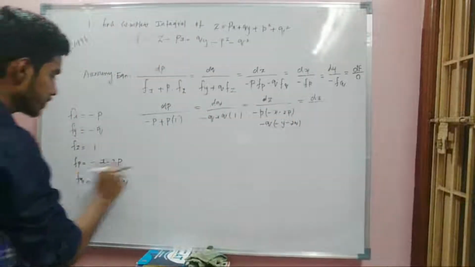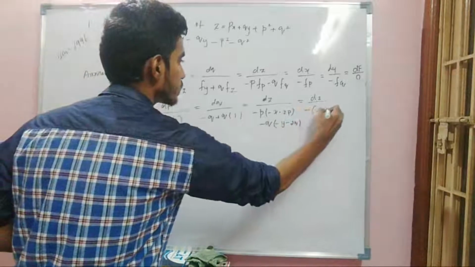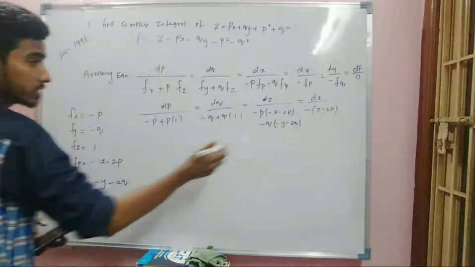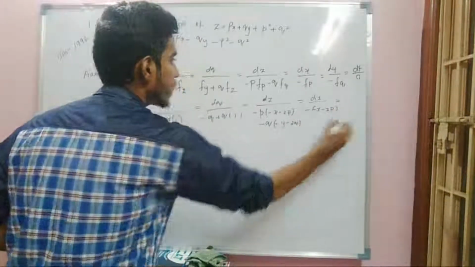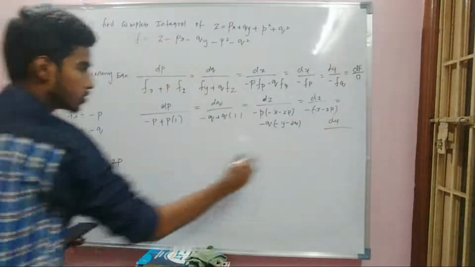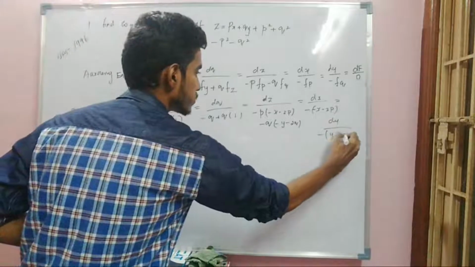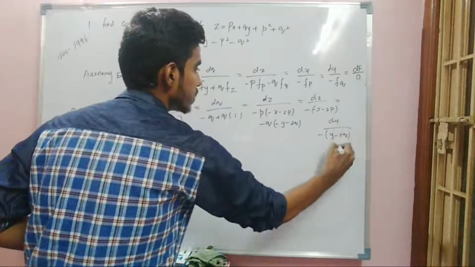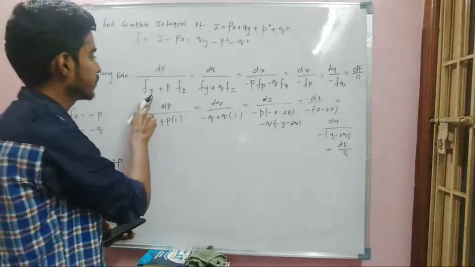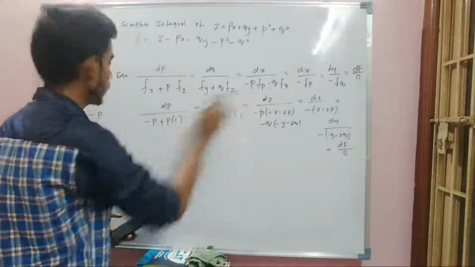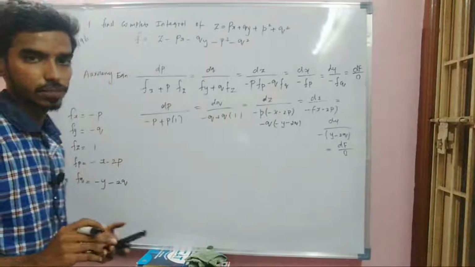So minus fp will be minus of minus x minus 2p, is equal to dy divided by minus fq. So minus of minus y minus 2q, that is equal to df by 0, right? So you have found fx, fy, fz, fp, fq separately, and then you have substituted here.